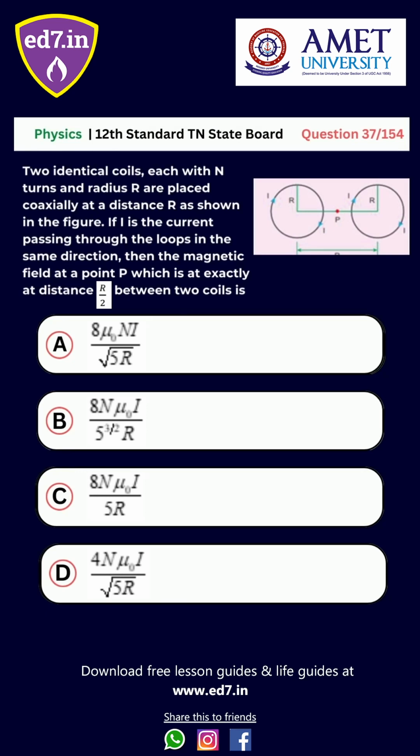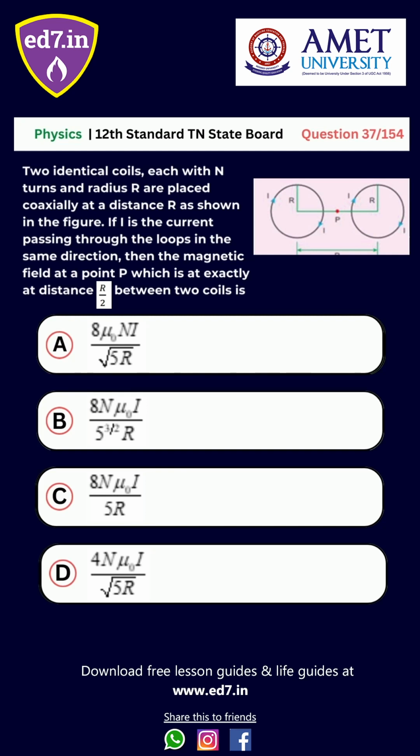If I is the current passing through the loops in the same direction, then the magnetic field at a point P, which is at exactly a distance r by 2 between two coils, is option A 8n mu naught I by root 5 r, B 8n mu naught I by 5 power 3 by 2 r, C 8n mu naught I by 5 r, D 4n mu naught I by root 5 r.